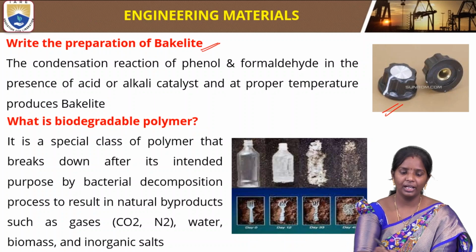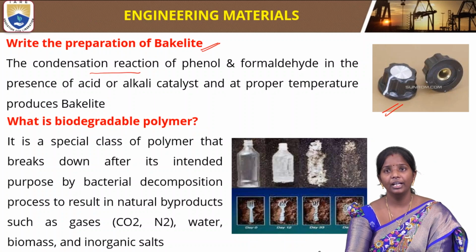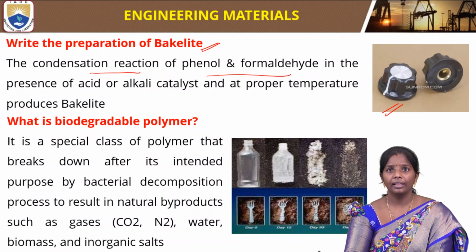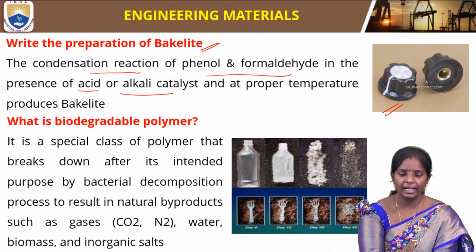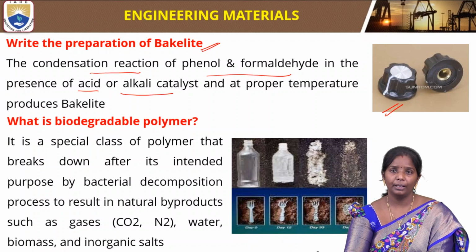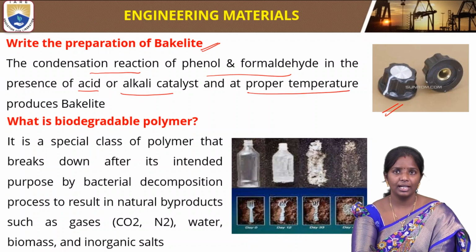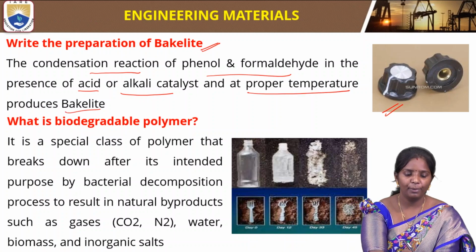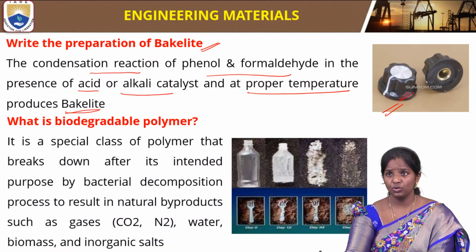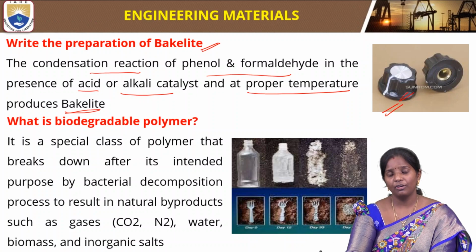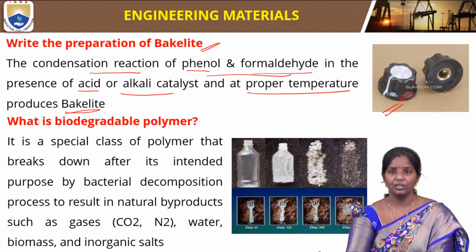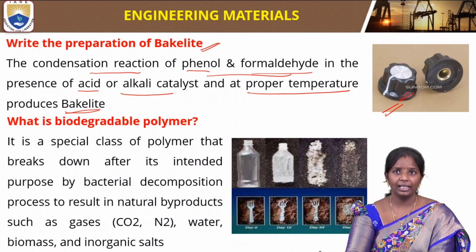It is formed by the condensation reaction of phenol and formaldehyde in the presence of an acid or alkali catalyst and at the proper temperature, which produces bakelite. So bakelite is a hard polymer that is used in switches and knobs.